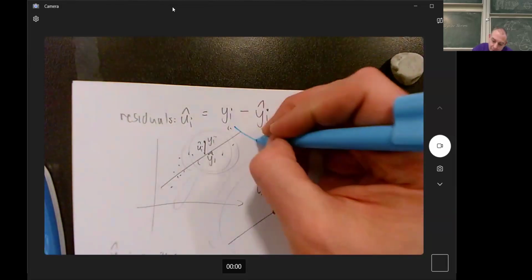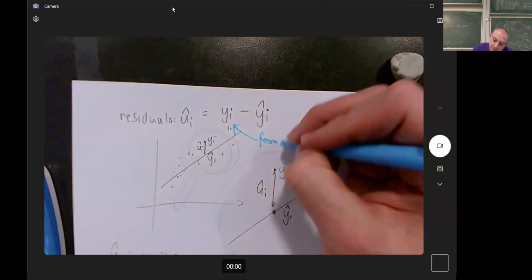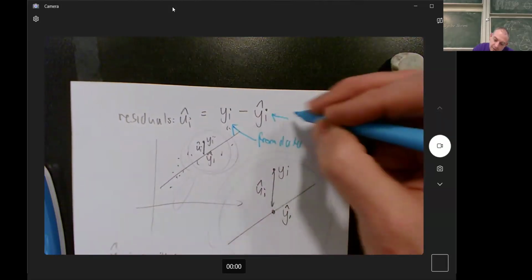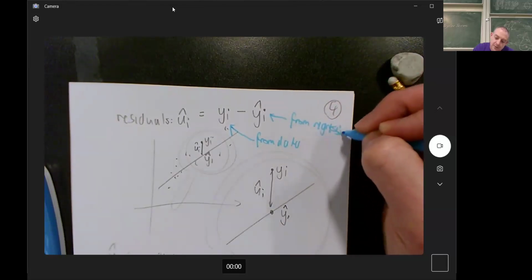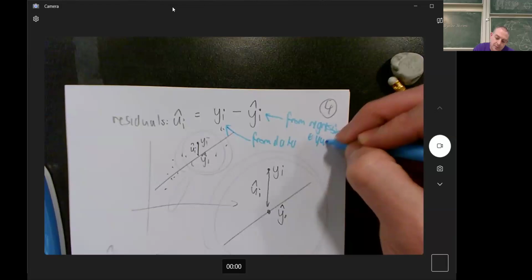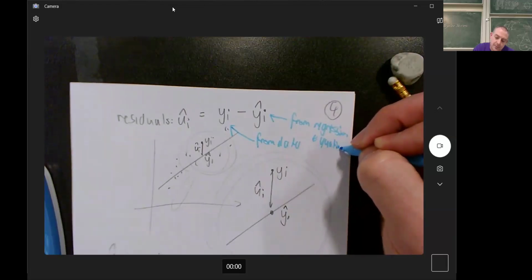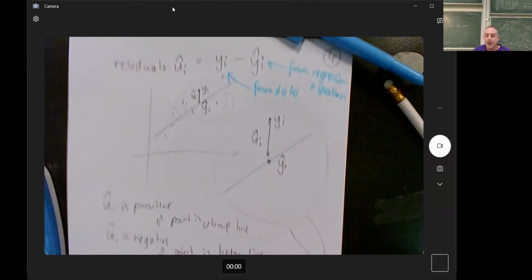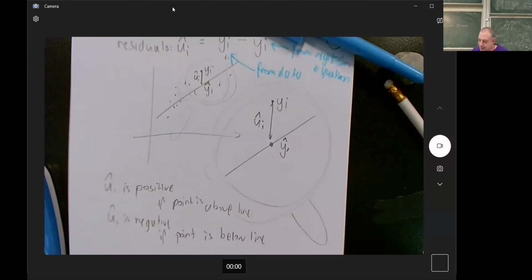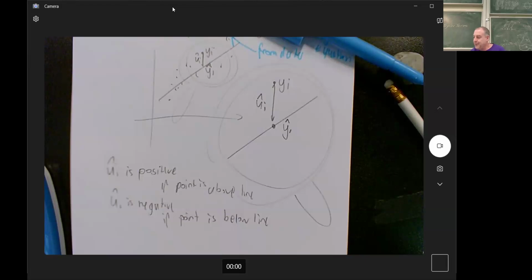So this one's from the data, and this is from the regression equation. All right, and then we're really good. We're so close.